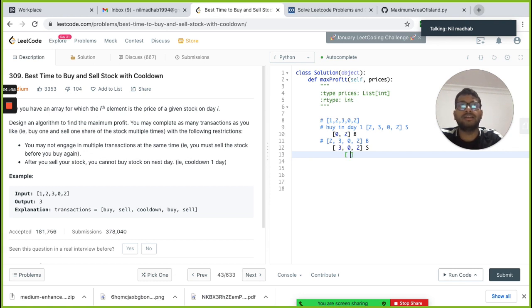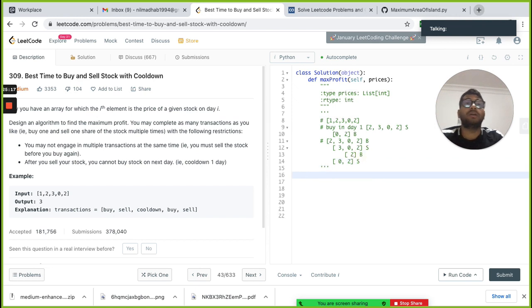If I sell it, then I will get 0 2 as buy, but because I cannot buy the next day, I have to pass 2 to buy. Or I can choose not to sell. In that case, I can do 0 2 and sell again. So this will be my backtracking, and I will consider all possible situations and get the maximum.